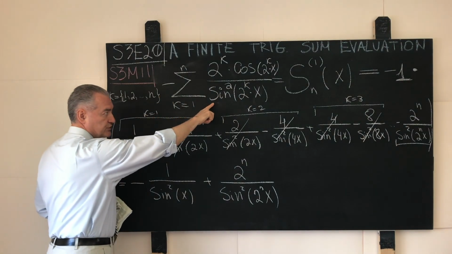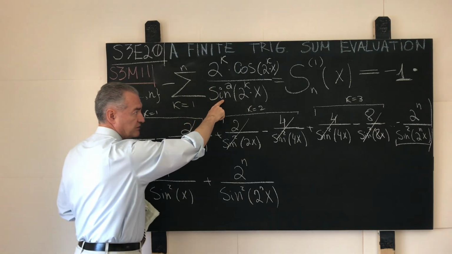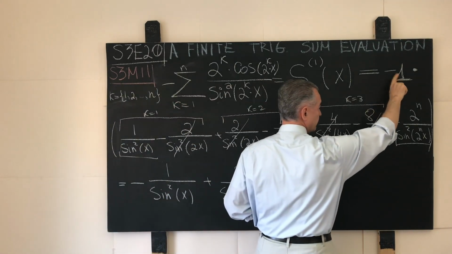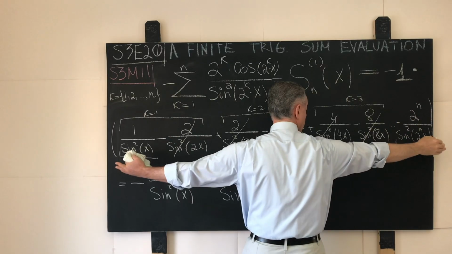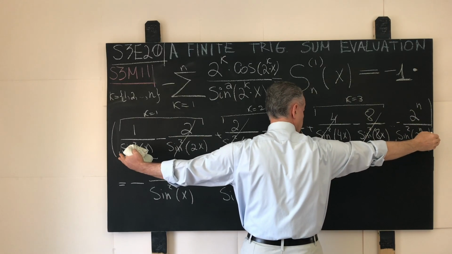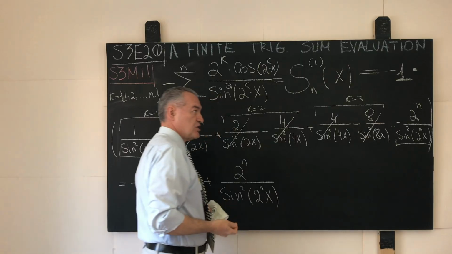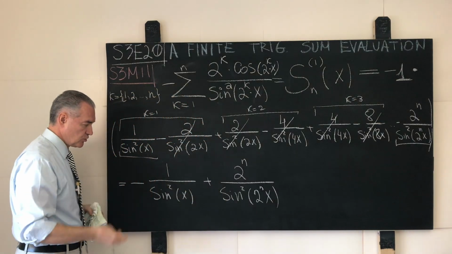This came from the first derivative of 1 over sine. Don't forget, so that's why I wrote negative 1 times this beautiful expression in parentheses, which telescopes in just 2 terms. And what are these 2 terms?